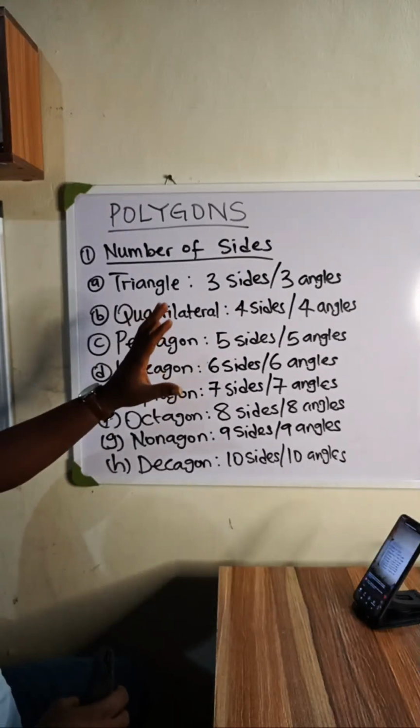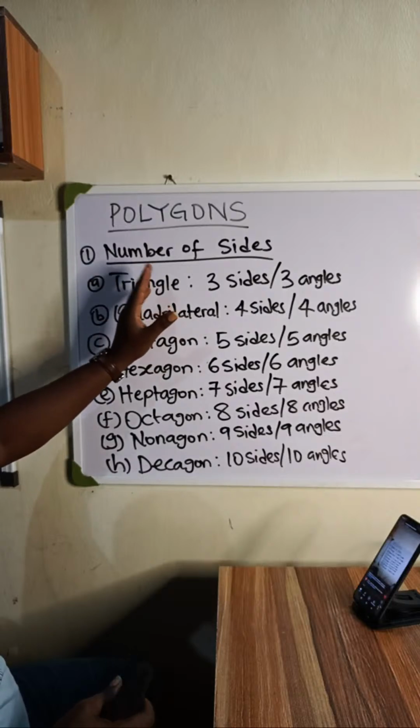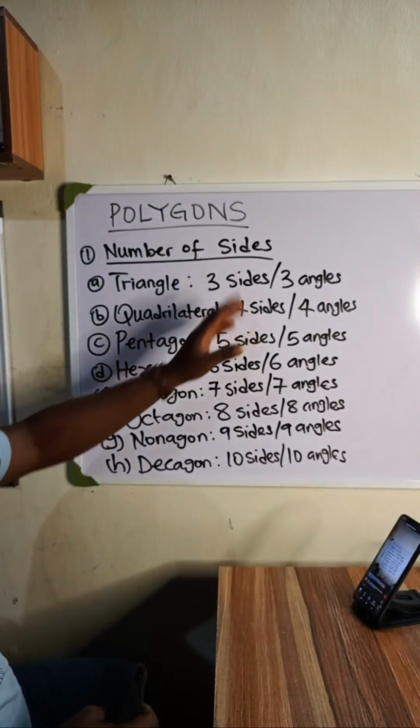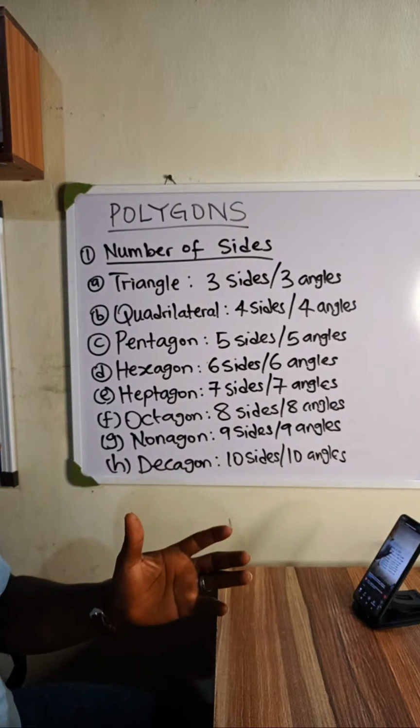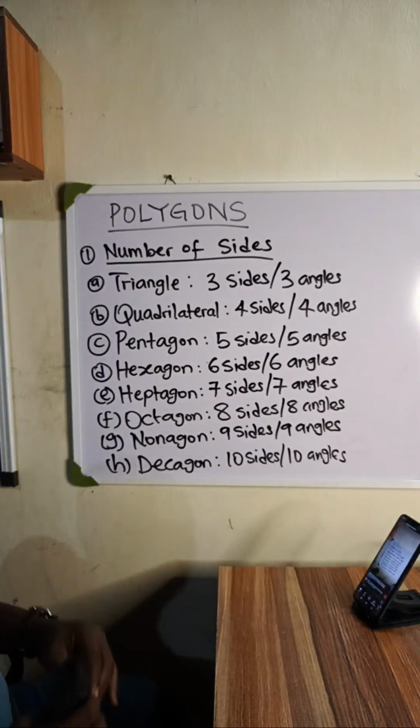So before we continue, we've looked at types of polygon based on the number of sides. Now we are going to look at types of polygon based on the length of the sides and the size of the angles.